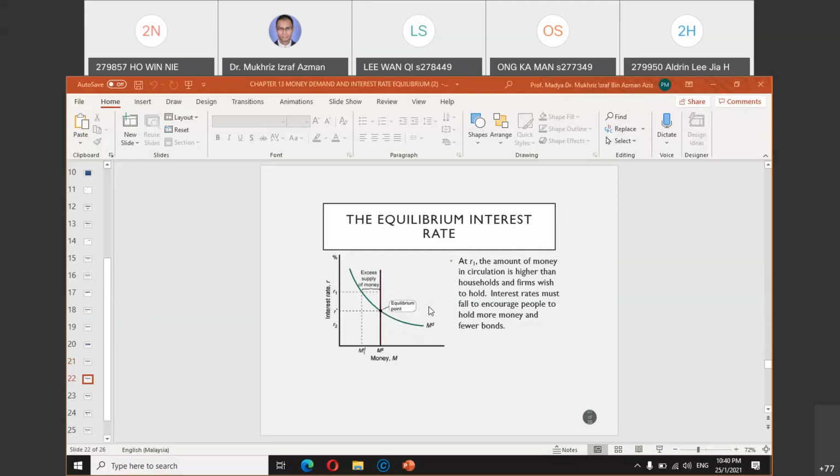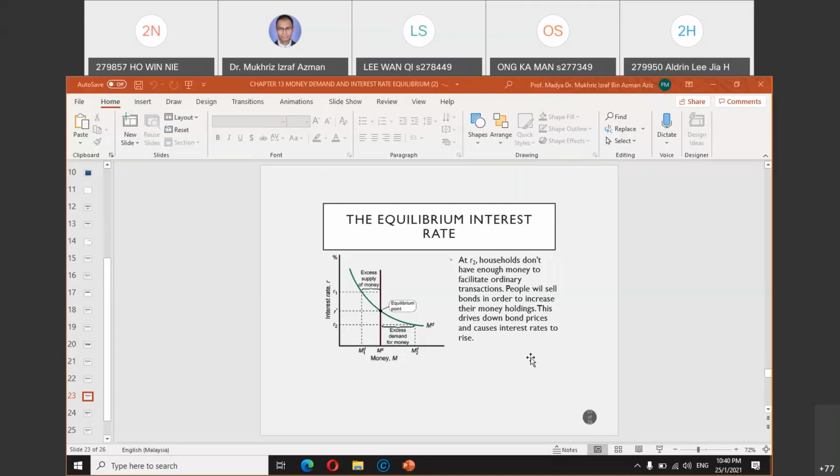Vertical means it is not related to, or independent of, changes in interest rate. So what happens if you are at this position? What happens to the interest rate when you have excess money supply? Interest rate goes down. When you are below, which is excess money demand, interest rate tends to go up. And this is the explanation. We went through this discussion as well.